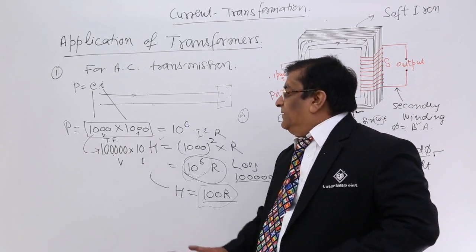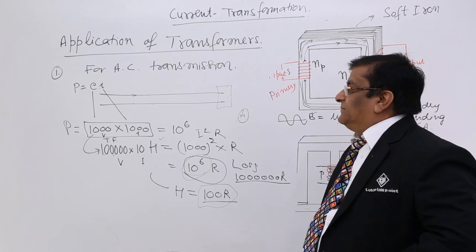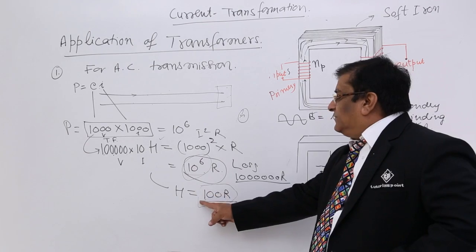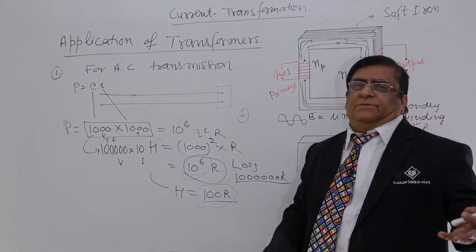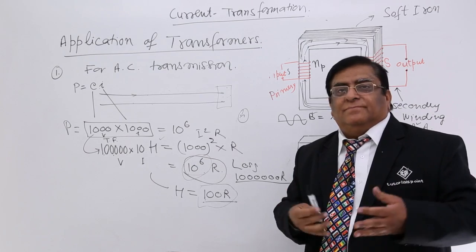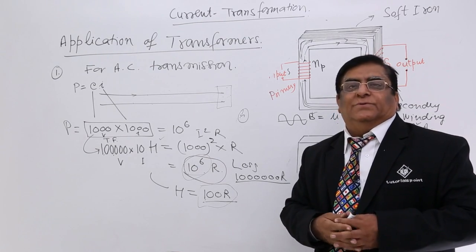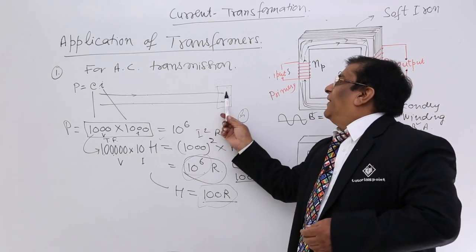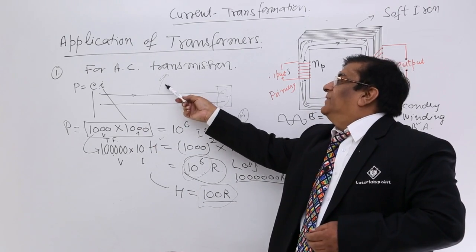Here, what will happen? Out of 10 lakh, only 100 is lost, or say 50 is lost. How much is received here? Complete 10 lakh. What appears attractive to you? 10 lakh produced, 10 lakh received, versus 10 lakh produced, 5 lakh received and 5 lakh goes in the air.